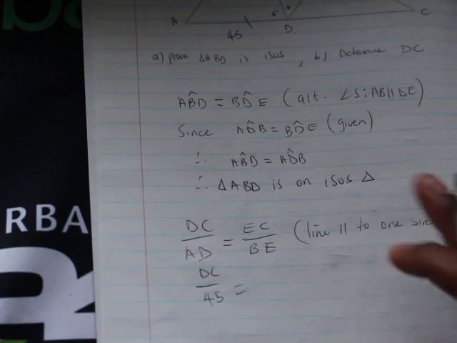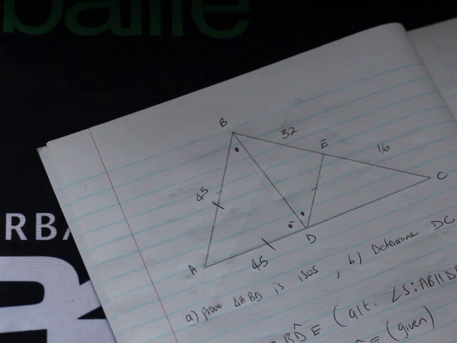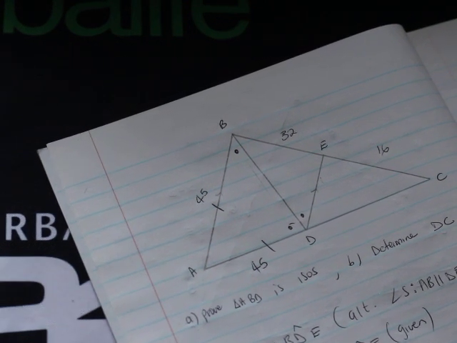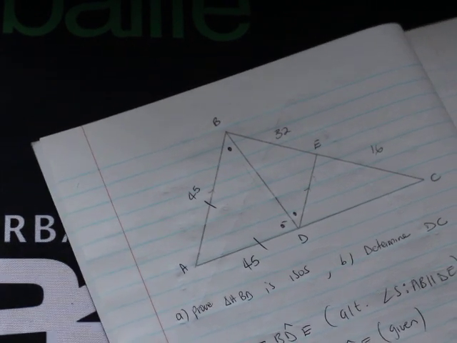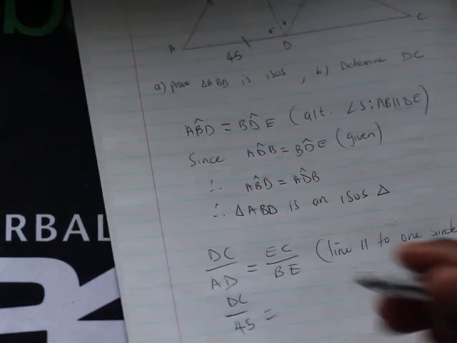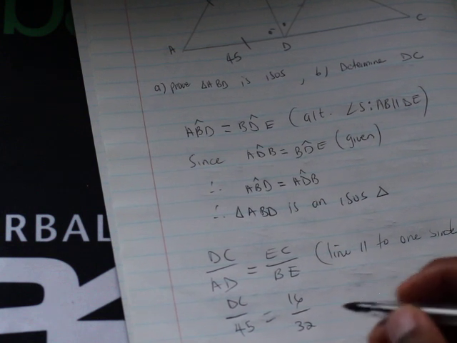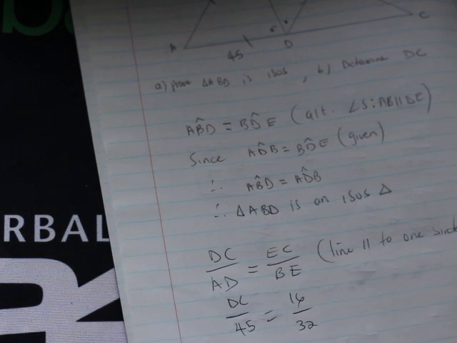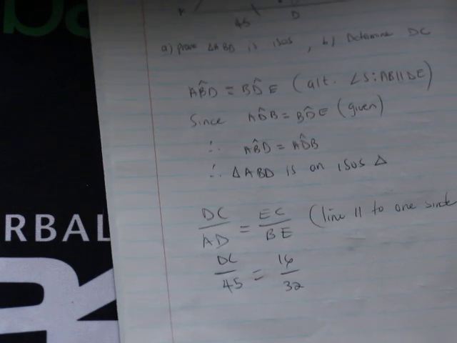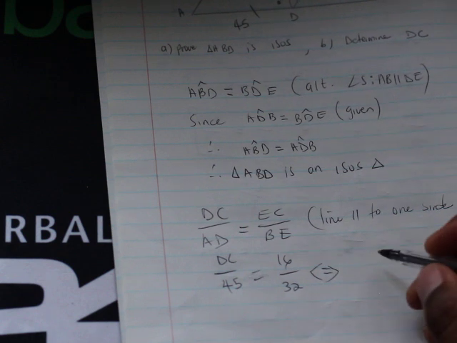Okay, remember we've established that AD is 45 due to the fact that the triangle ABD is an isosceles triangle. Okay, so you can see that EC is 16 and EB is 32. So 16 over 32. All right, so now we can go right ahead and solve for DC.